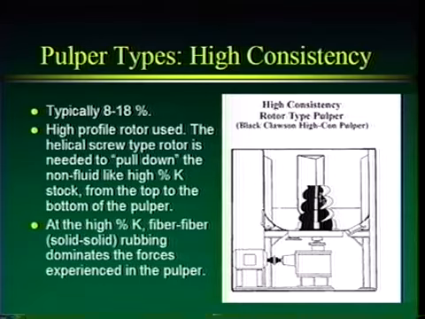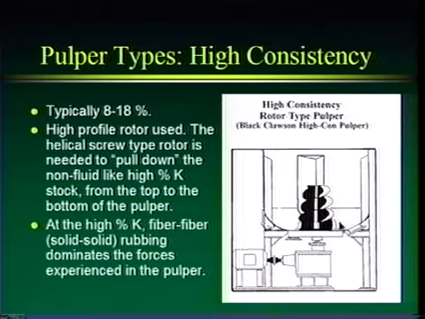The other thing that we'll talk about with high-consistency pulping is that at the high consistency, there is a lot of fiber-fiber rubbing. At low consistency, there's a lot of water, so there's not a lot of fiber-fiber rubbing. But in high consistency, these fibers are in such a concentration that there's a lot of rubbing. And also, the viscosity of the fluid is much higher. So the increase in fiber concentration and the viscosity increase of the material combine to increase the rubbing action.